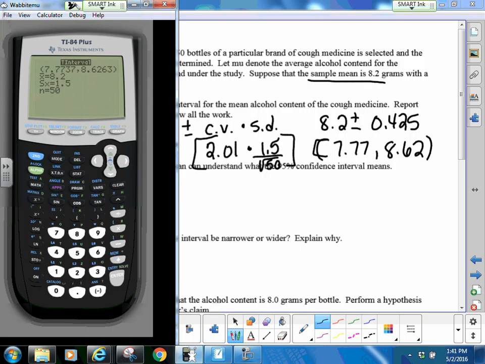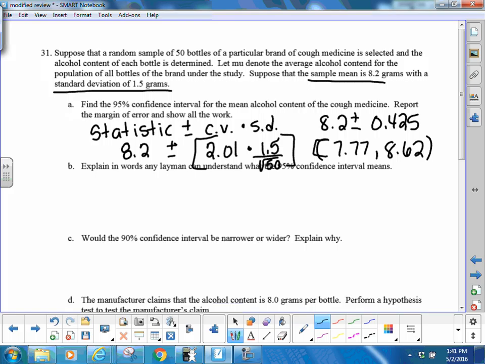You should get 7.77 and 8.62 when you run down. Okay, anybody need help with that in your calculator?